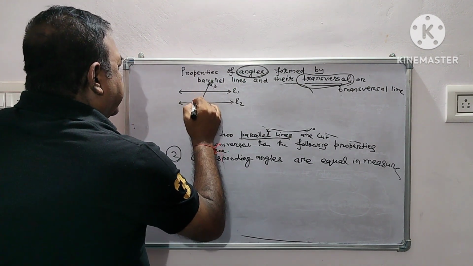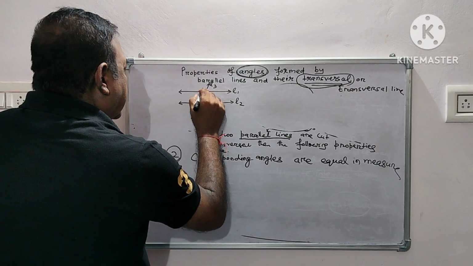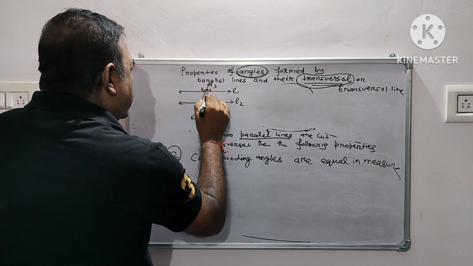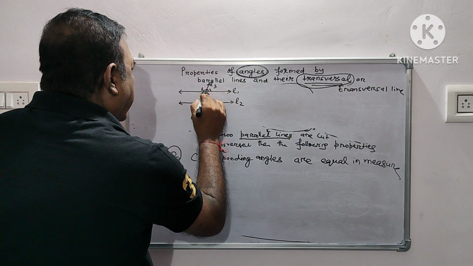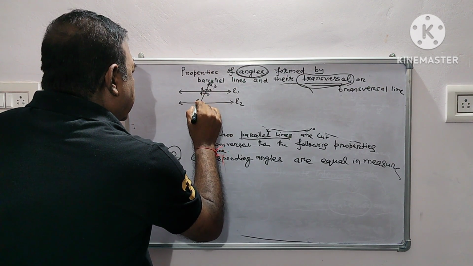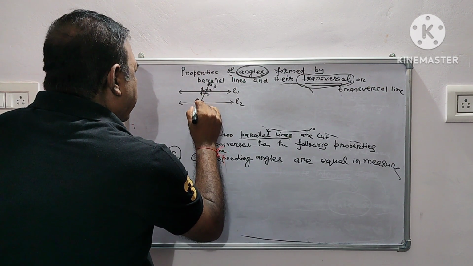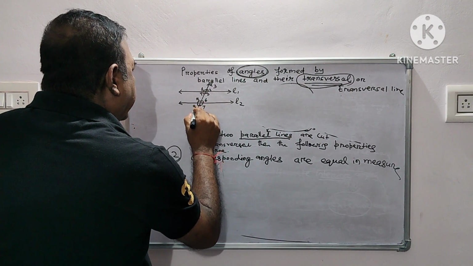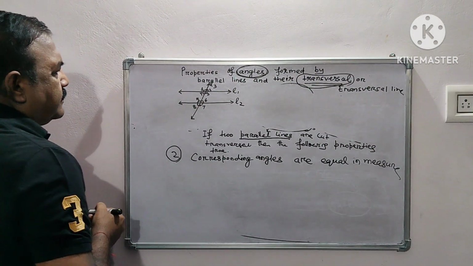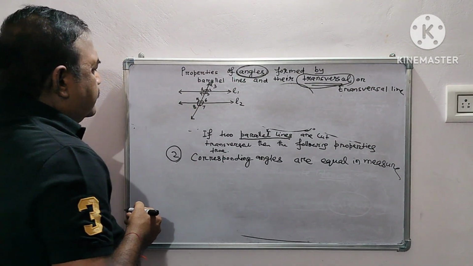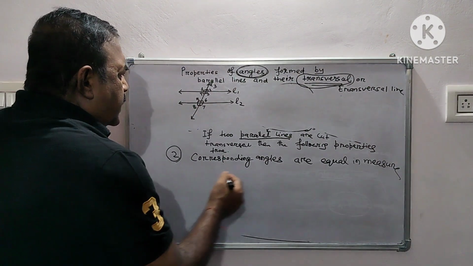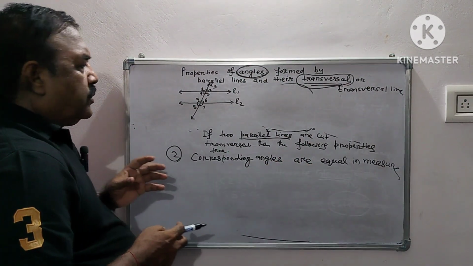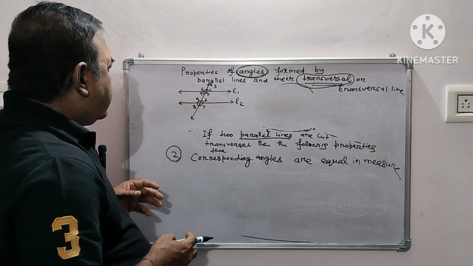So let us start from here. This is angle 1, angle 2, angle 3, angle 4, angle 5, angle 6, angle 7, angle 8. So corresponding angles are equal in measure. You see how to identify the corresponding angles.